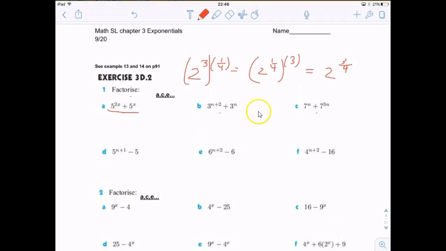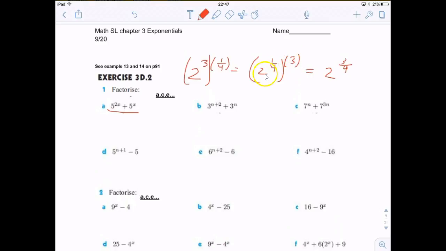Just before we start, I'd like to remind you that if you have a base with an exponent like that, you can have the exponent multiplied together, like this 3 and a fourth. Here we have the same fraction, but it's broken up into two factors.